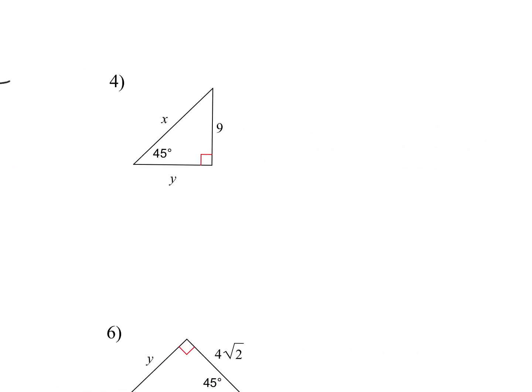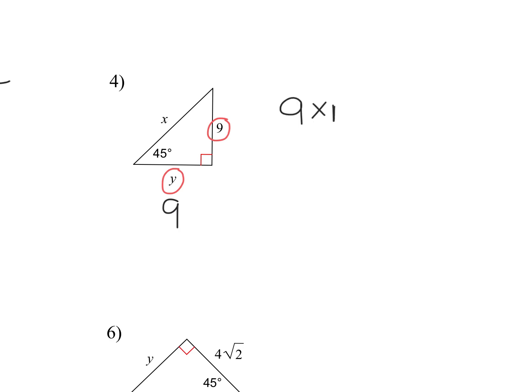Circle your legs. What'd you circle? The Y and the 9. Well, what do you know about those two? They're the same. So if one's 9, what's the other one? 9. Okay? And then what do we still have to look for? We have to look for the hypotenuse. How do I go from the leg to the hypotenuse?